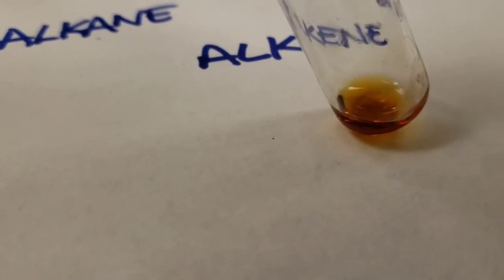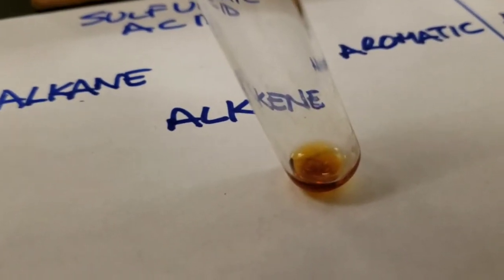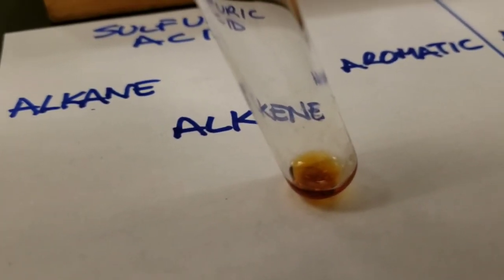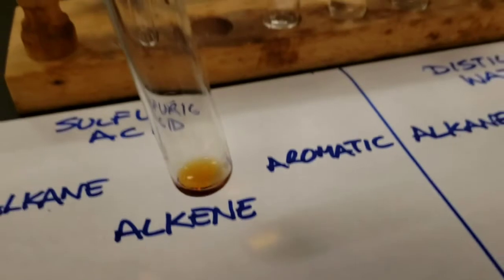It's responsible for the orangey color right here. If you see brown during an organic reaction, knowing that most organic material is either colorless or ever so slightly yellow, brown is usually an indication of charring because the chemical you've used is a very powerful dehydrating agent, which is the case here with sulfuric acid.